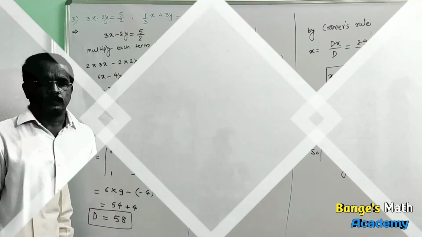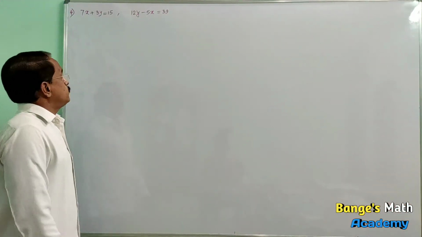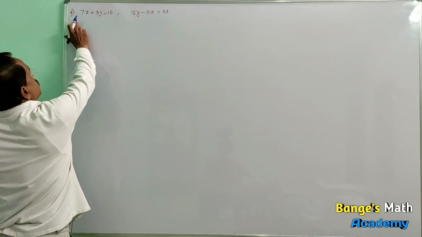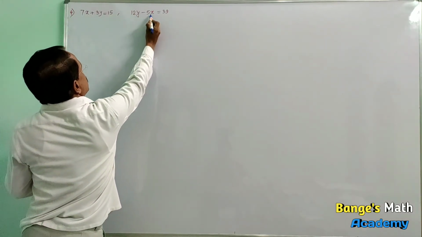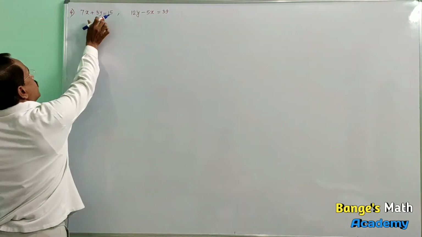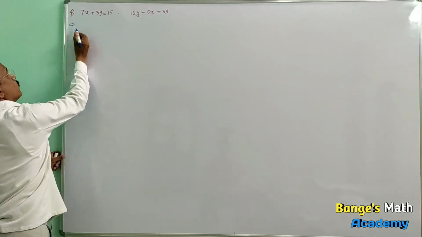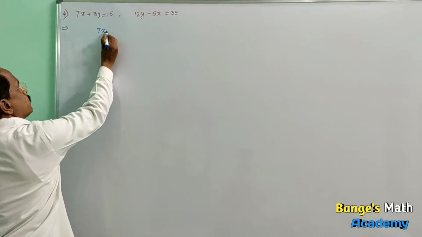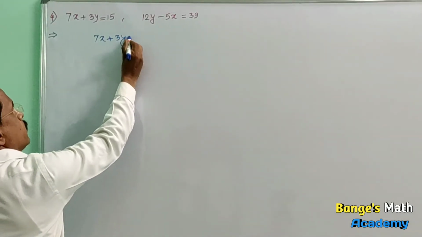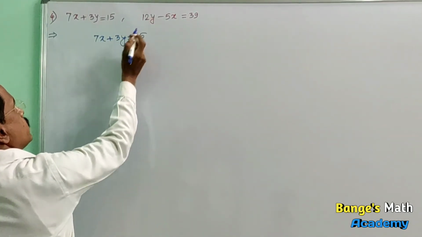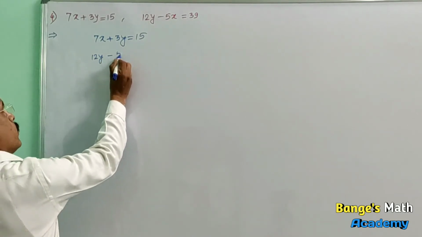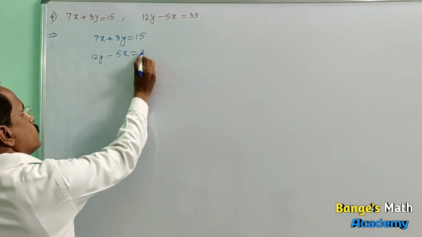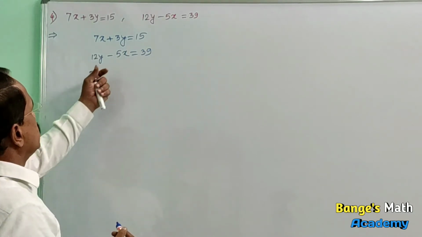Write down given example. See, fourth example, 7x plus 3y is equal to 15 and 12y minus 5x is equal to 39. Write down given equation as it is. 7x plus 3y is equal to 15 and second equation is 12y minus 5x is equal to 39.